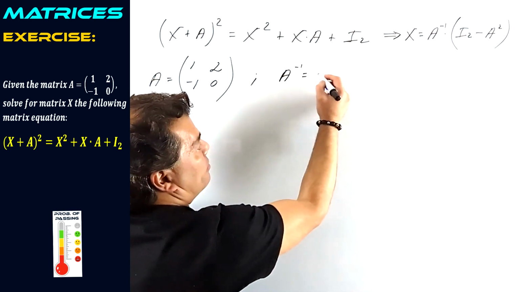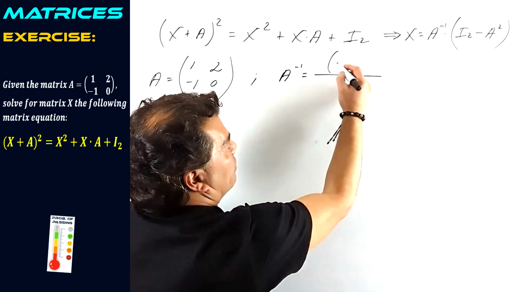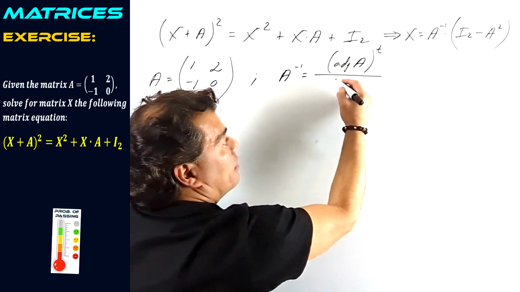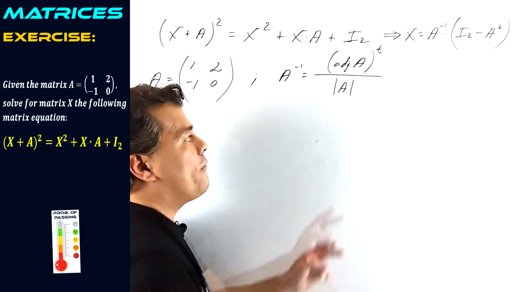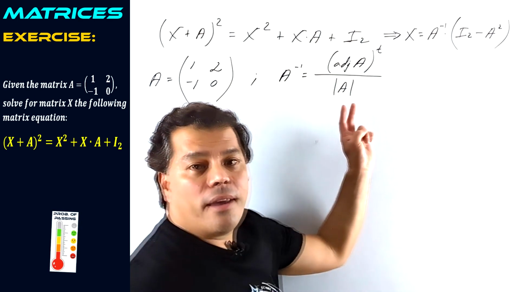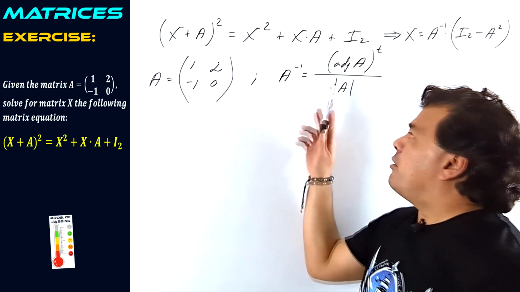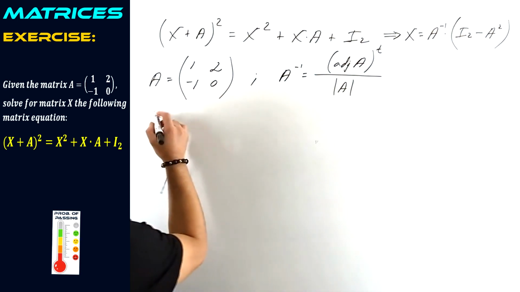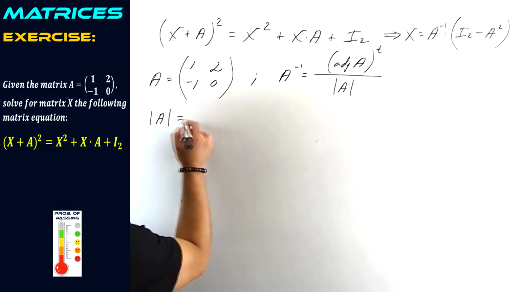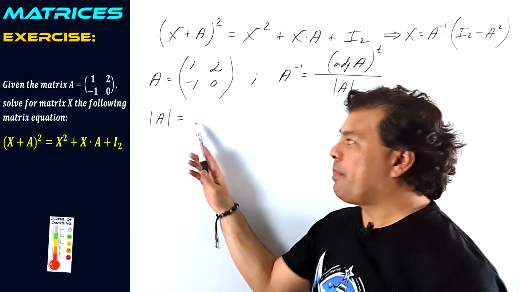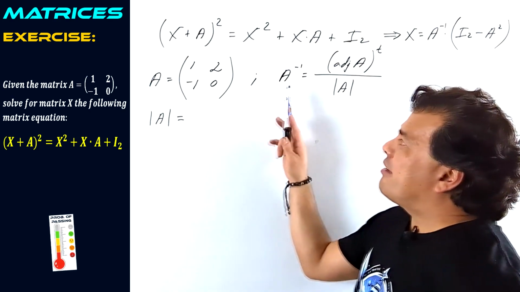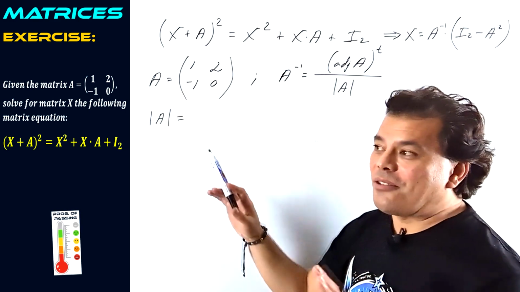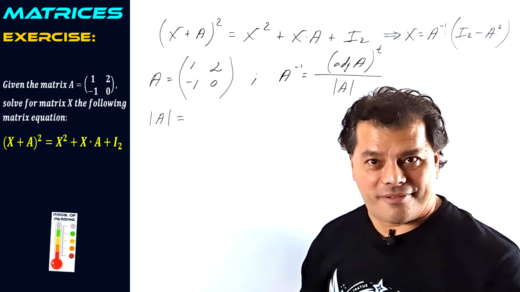Well, the so-called adjugate matrix of A, transposed, divided by the determinant of A. And I like beginning with calculating the denominator, because if this determinant equals 0, it would mean that our matrix A doesn't have an inverse, so the problem wouldn't have a solution.